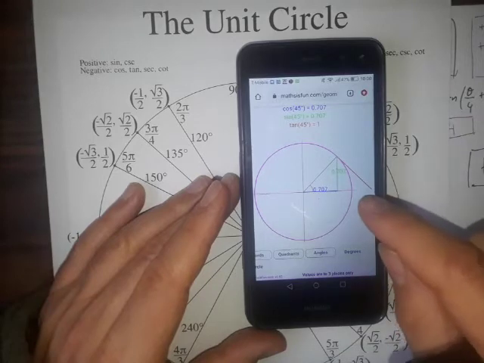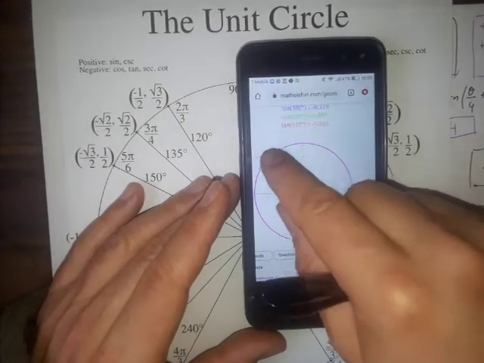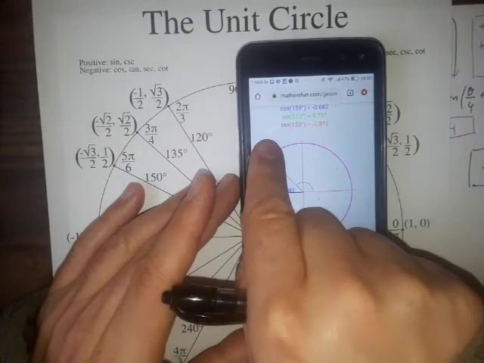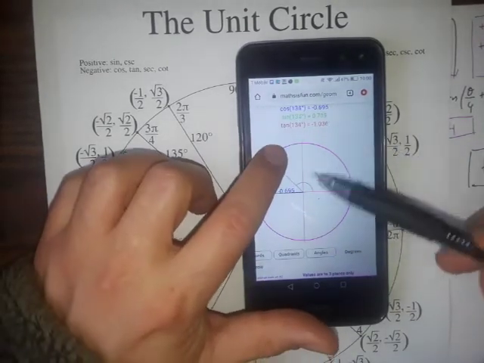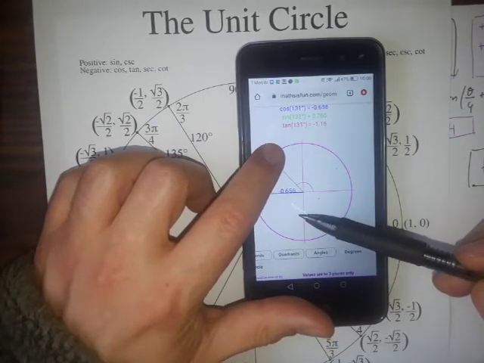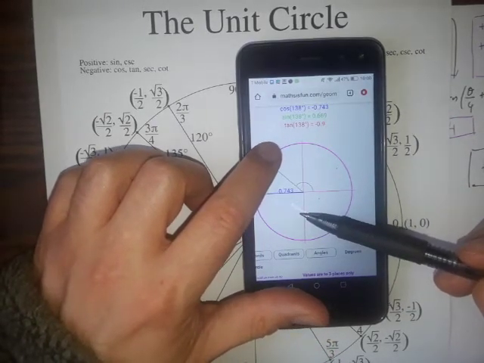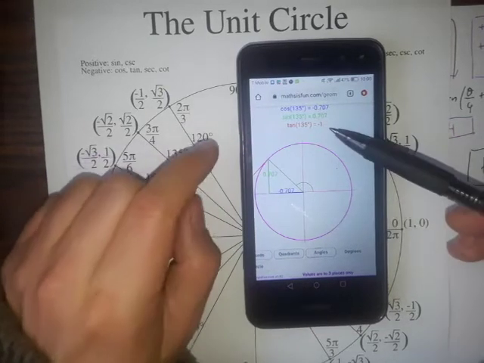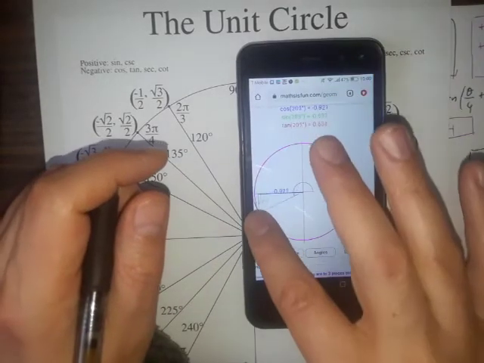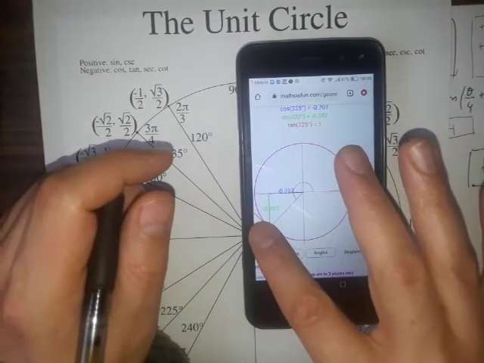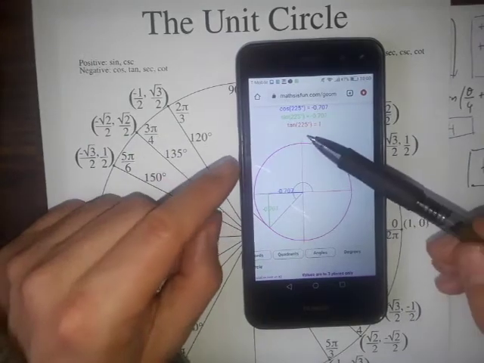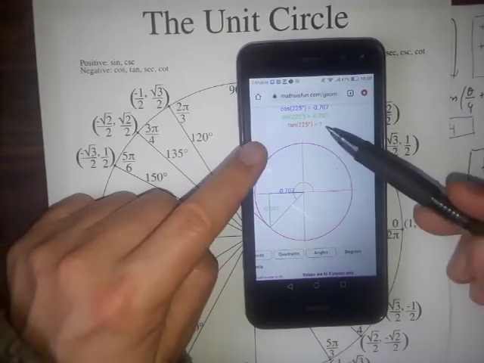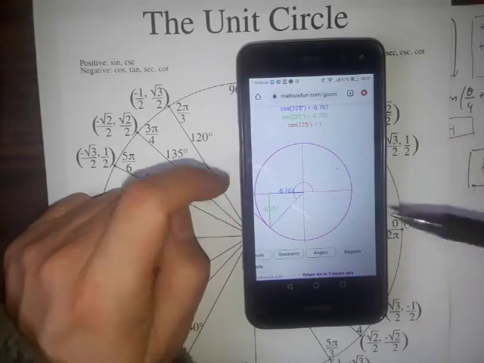And this is going to repeat, but not here, because here it's going to be -1 because the cosine is negative. So at 135, oh my god, it's -1, the tangent. If I go down to 225, it's going to be again 1 because a negative over a negative is a positive.